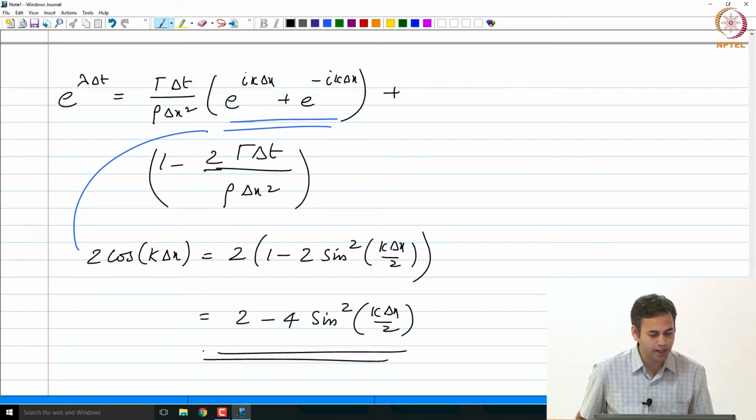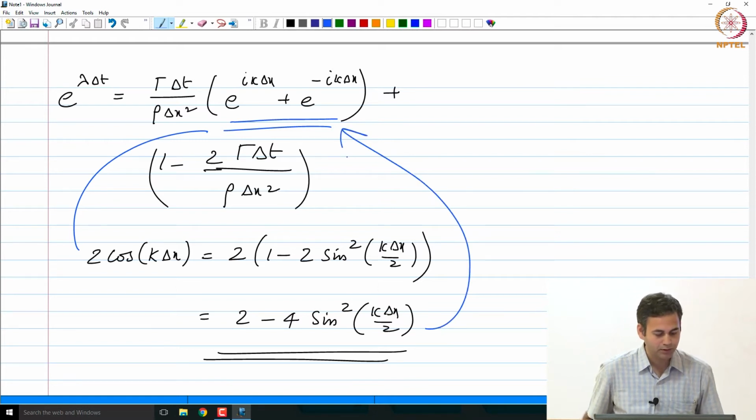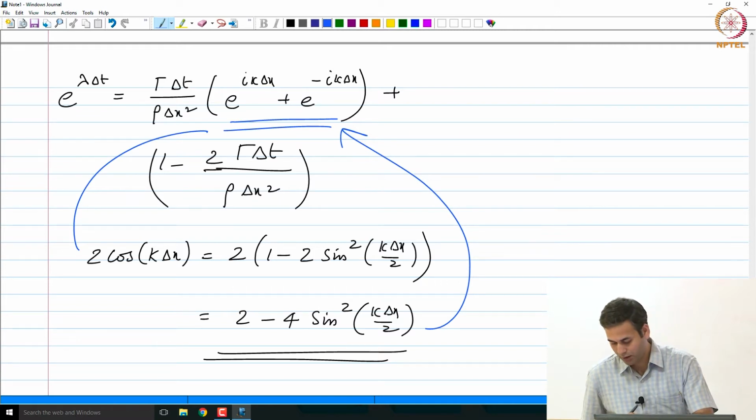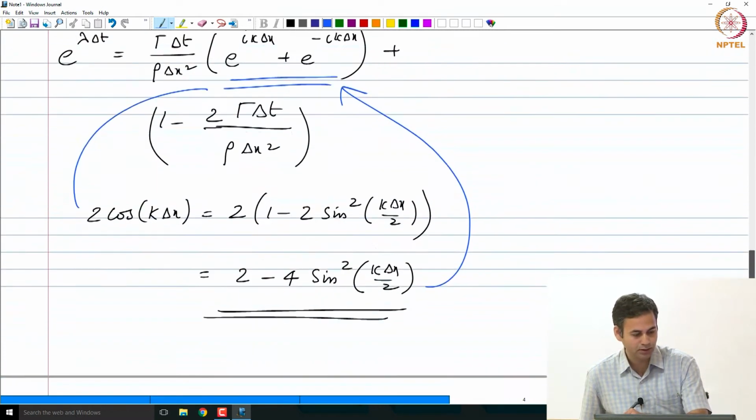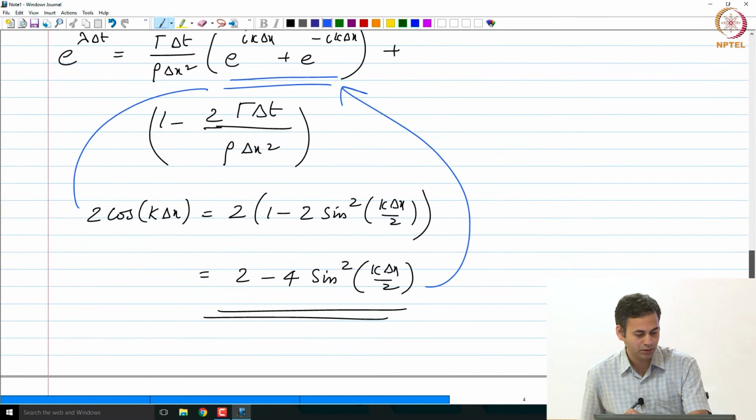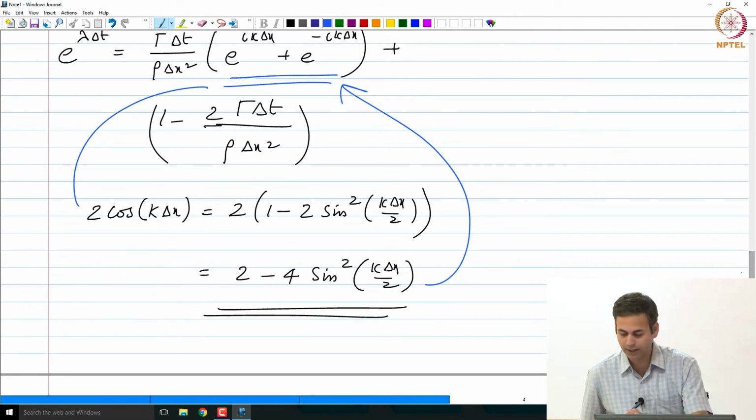So, we will plug this back into this term here, right, and see what happens. So, that is how much, gamma delta t by rho delta x square.